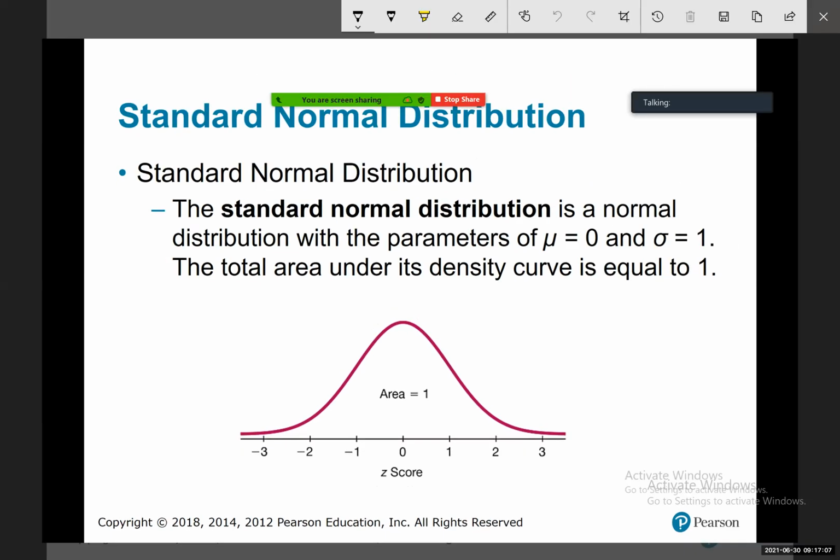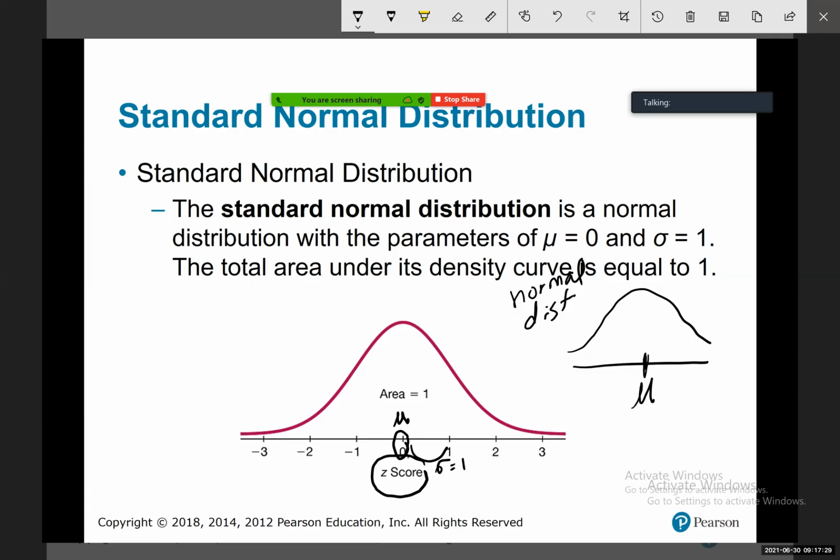In general, for a normal distribution itself, mu could be any value, and sigma is the spread. It's symmetric, so it doesn't have to be 0 and 1 for a normal distribution.